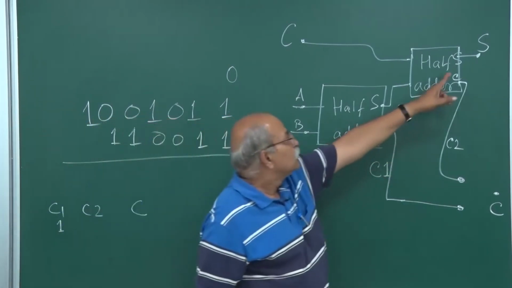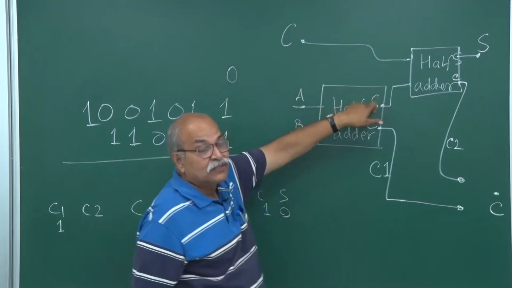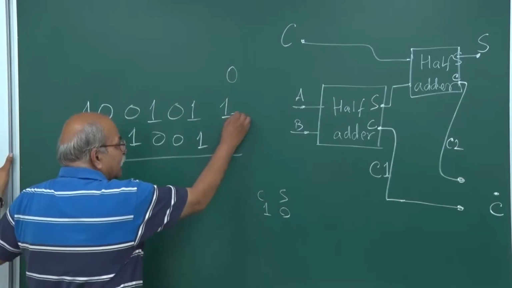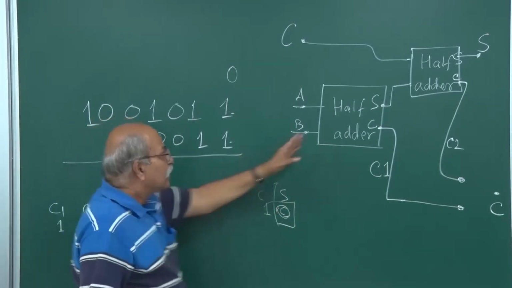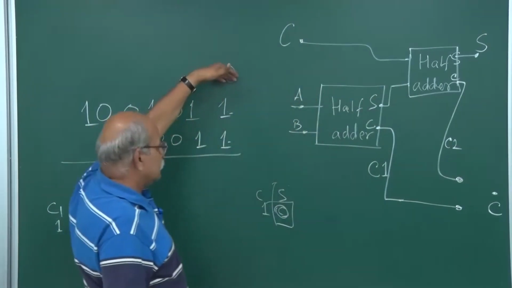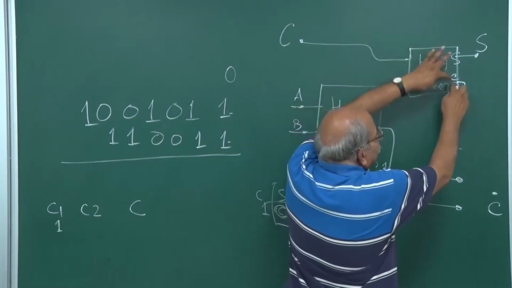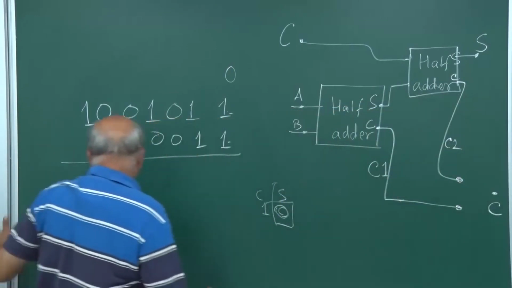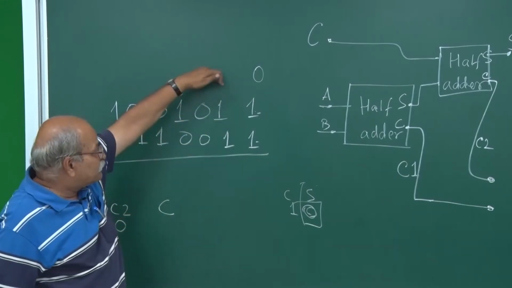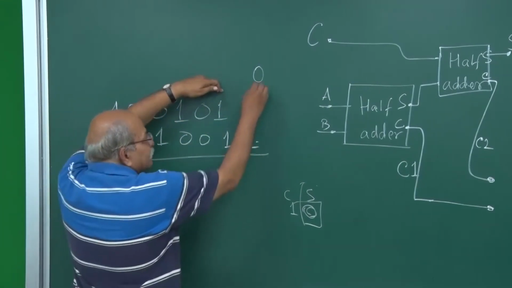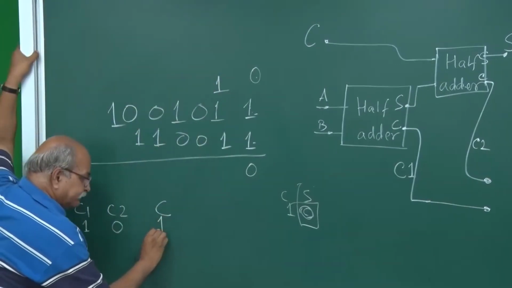When I am adding this carry and this sum, the sum is 0. And this sum 0 is to be half added to this carry, which is 0. So 0 and 0 going here, the carry will be 0. So C2 is 0. And this position is C. This will give you 0 here, and this will give you 1 here. So C is 1.